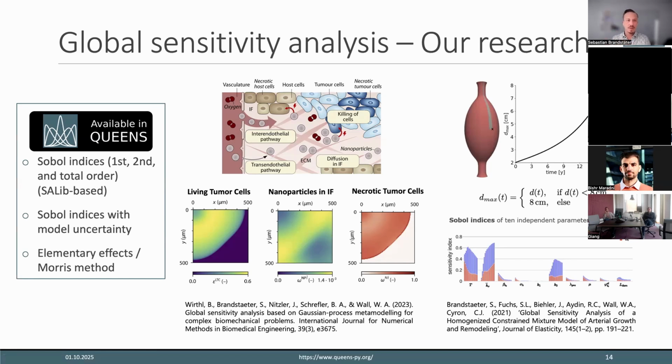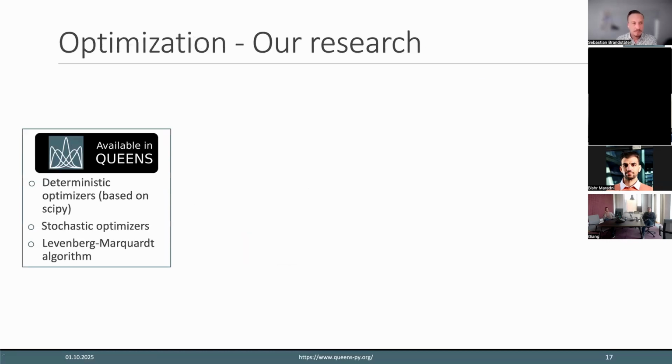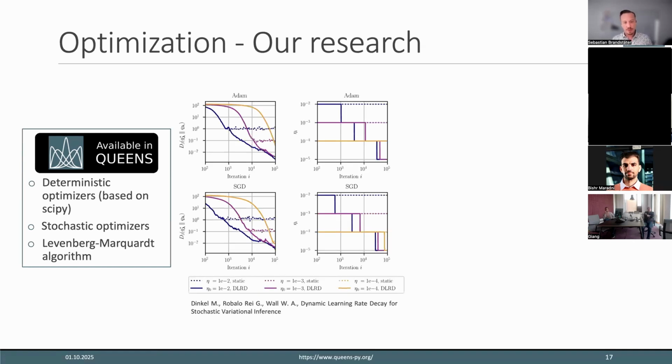If you identify these parameters in this way, it can help you a lot in reducing the complexity of your uncertainty propagation problem. Regarding optimization under uncertainty, there's ongoing work by Max Dinkel and Gilles Robert-Ourey on the dynamic learning rate decay for stochastic variational inference.